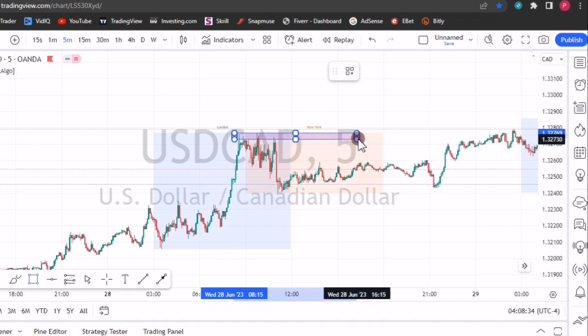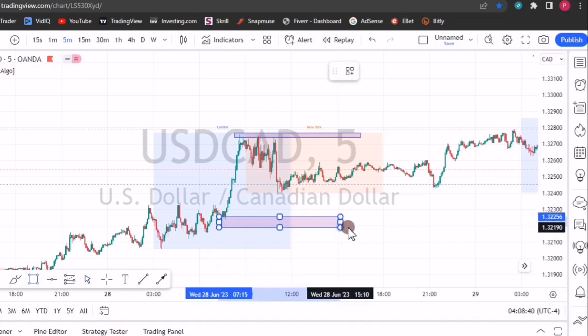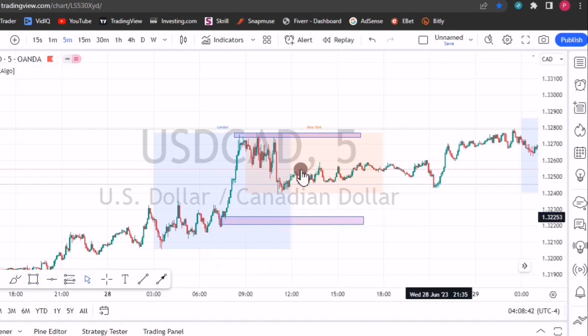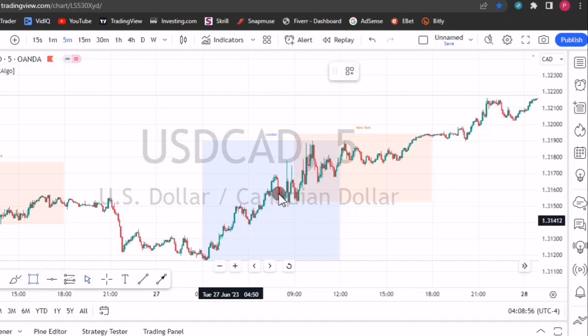Okay, right here it looks tricky. The highest point was that one, and that highest point began down here, so there was no trade here. Price on New York didn't close on either side. Right here it is an uptrend.